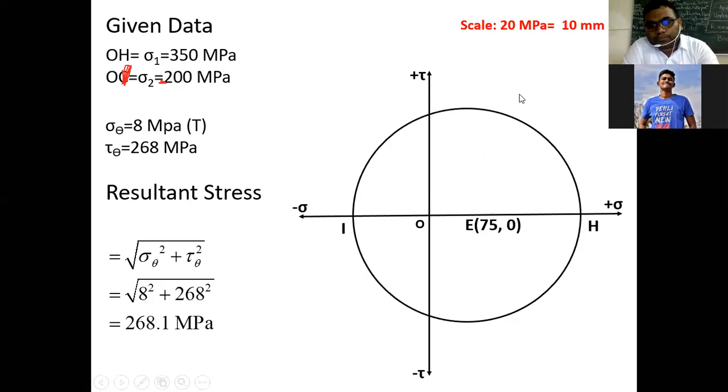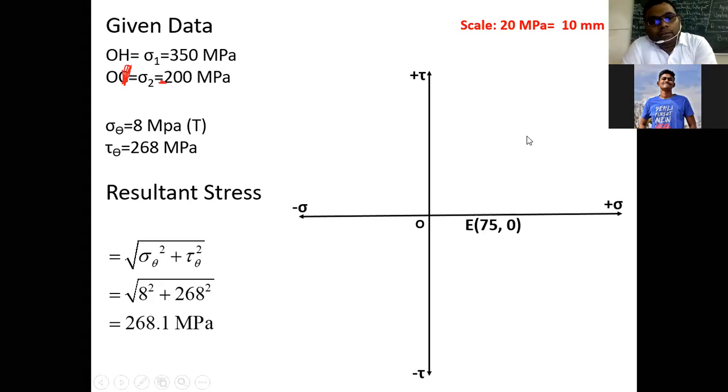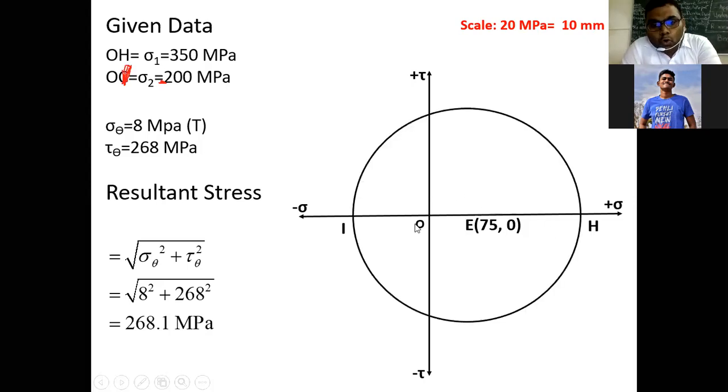The first point is OH, that is 350. This time you increase the scale. Assume 50 megapascal is equal to 10 mm. So 350 divided by 50 gives 7 centimeter.